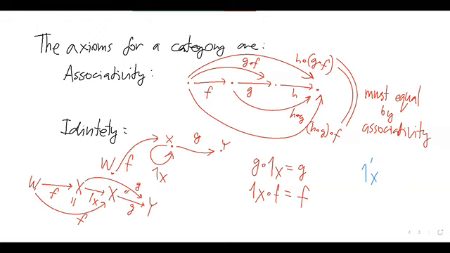But these are not sets anymore. These are abstract things. The only thing we know about them is that composition is associative. Well, there's only one way to do nothing to something, and that's a good intuition. But let's prove that there's only one way to do nothing to something.